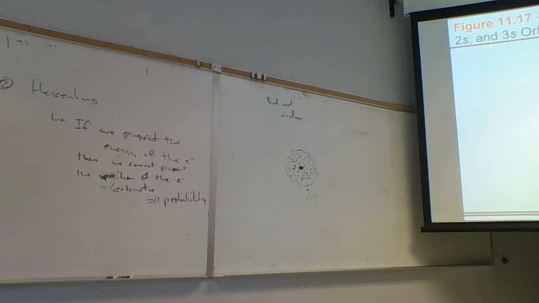With orbitals, we have a description of the electron energy and the electron's position within the atom. The position is going to be based on probability. The energy is pinpoint.